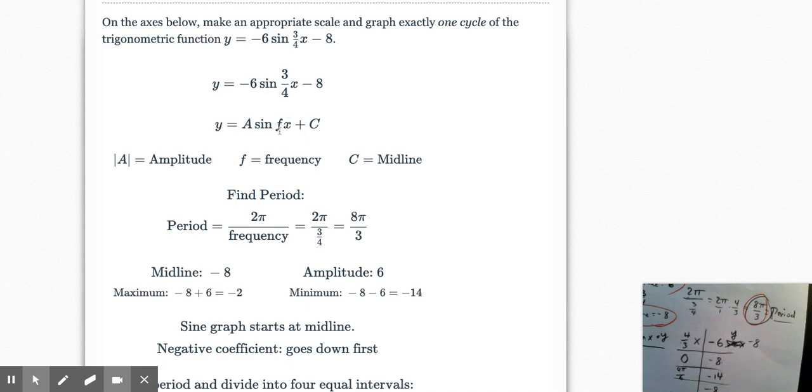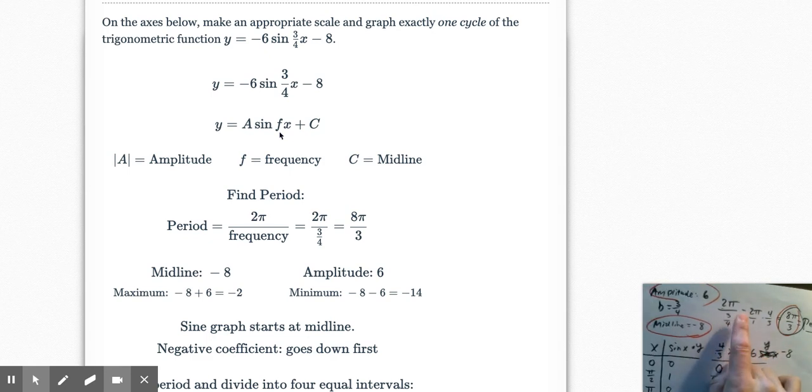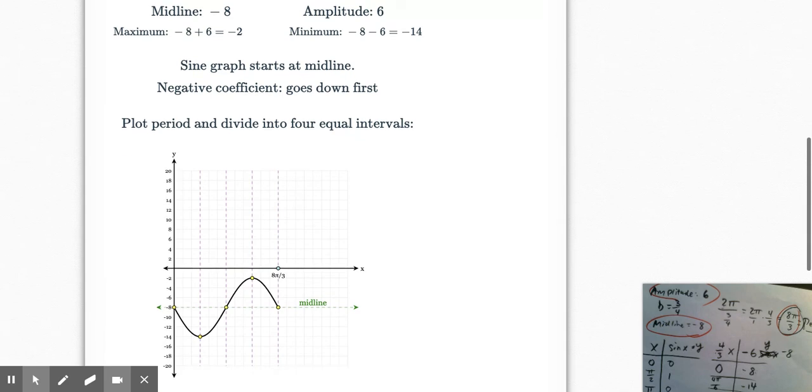The larger this F or B, because it goes into the denominator, it'll make the period smaller. When the frequency gets really small and it's very slow, the period is going to get bigger. Anyway, that's how DeltaMath explains it.